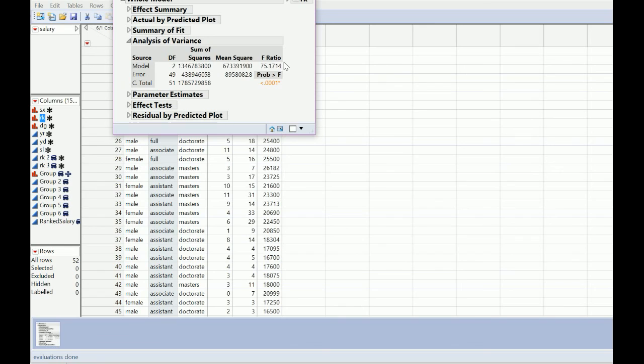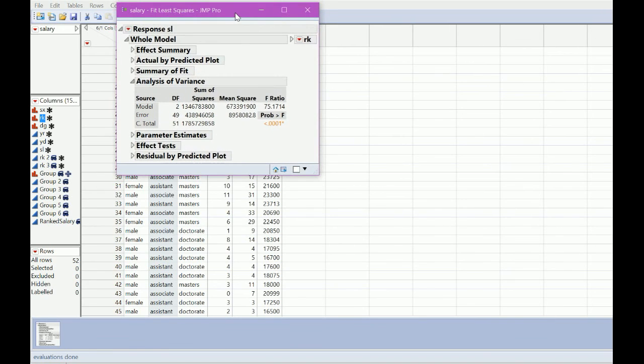So this is truly a ratio. It's a ratio of variances, between group variances to within group variances. So if we do this MSB divided by MSE, we get 75, and that's that same F ratio that we found before. And the probability that we get something greater than our F statistic, well, this is the same p-value that we had.